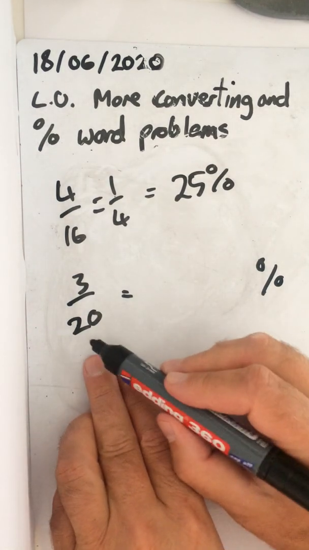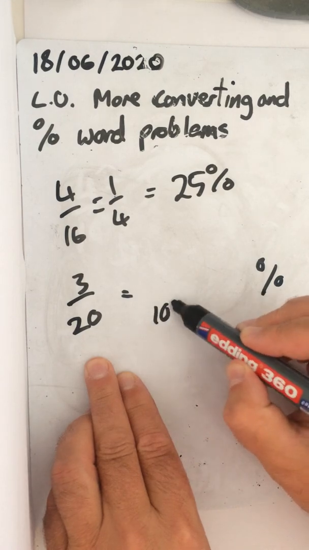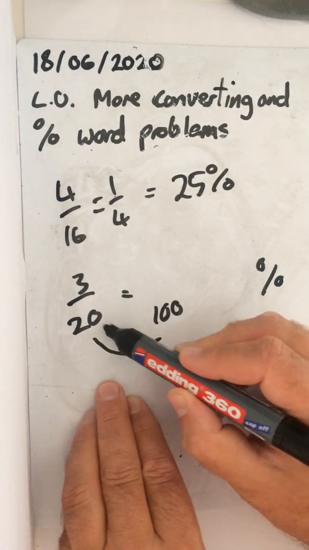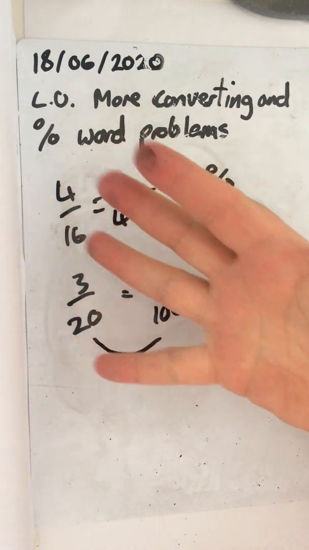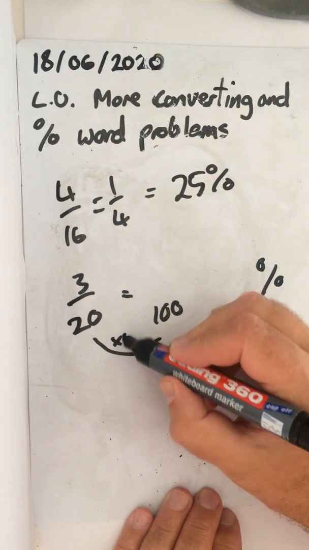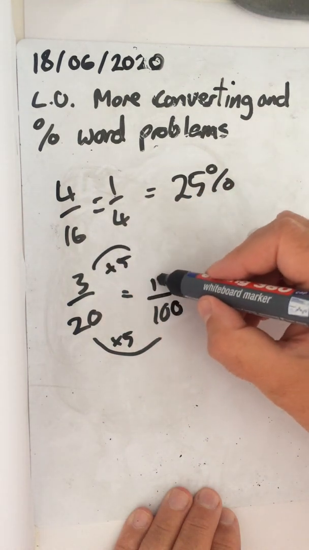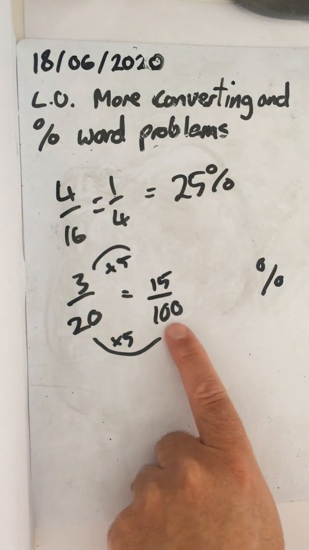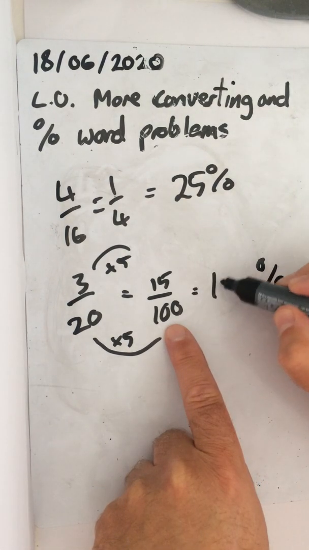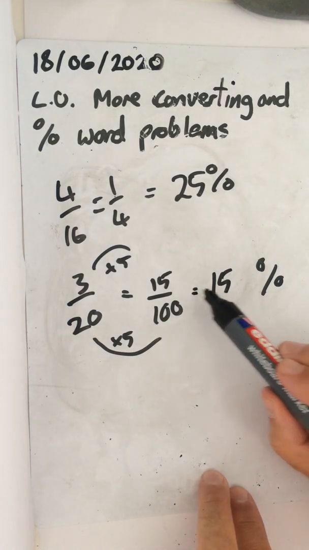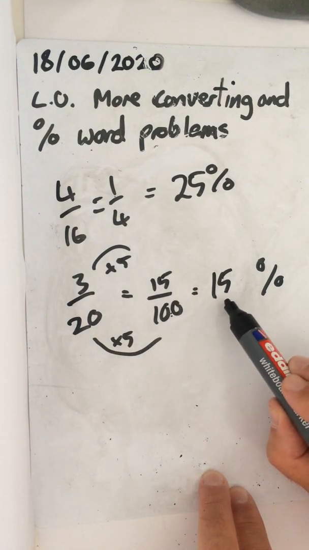But what I have noticed is this 20, I might be able to times by something to turn it into 100. 20, 40, 60, 80, 100, it's 5. I'm going to do the same to the top, times it by 5. 15 out of 100, 15 hundredths. 15 hundredths is 15% because a percentage is just a fraction out of 100.